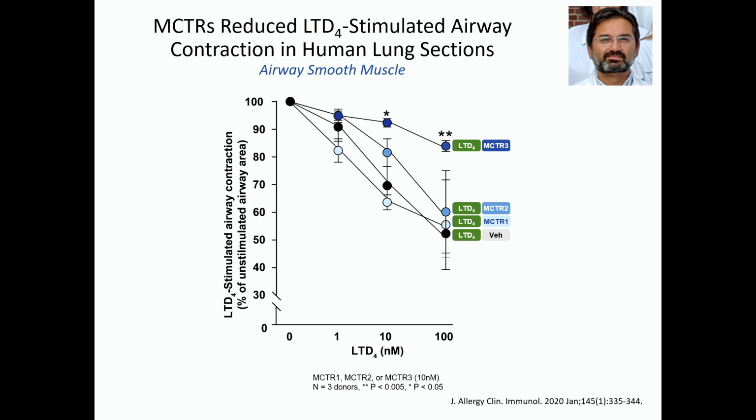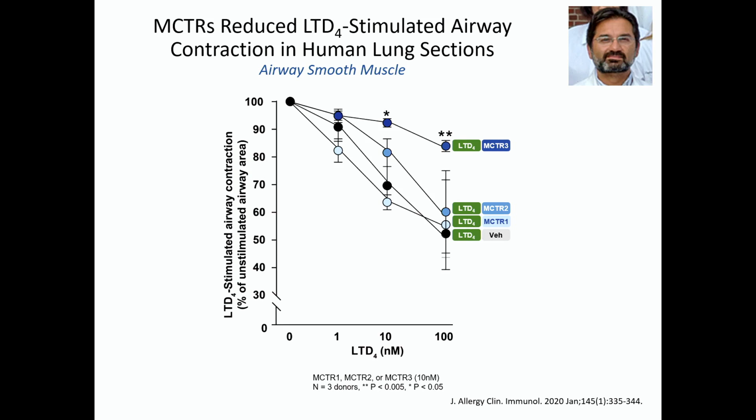With vehicle, you can see we get about a 50 to 60% narrowing of the airway in the presence of escalating concentrations of leukotriene D4. And here you can see when we have MCTR1 or 2 or 3 present, the resulting change in the LTD4-stimulated airway contraction, with MCTR3 being quite potent at inhibiting the leukotriene D4-mediated contraction.